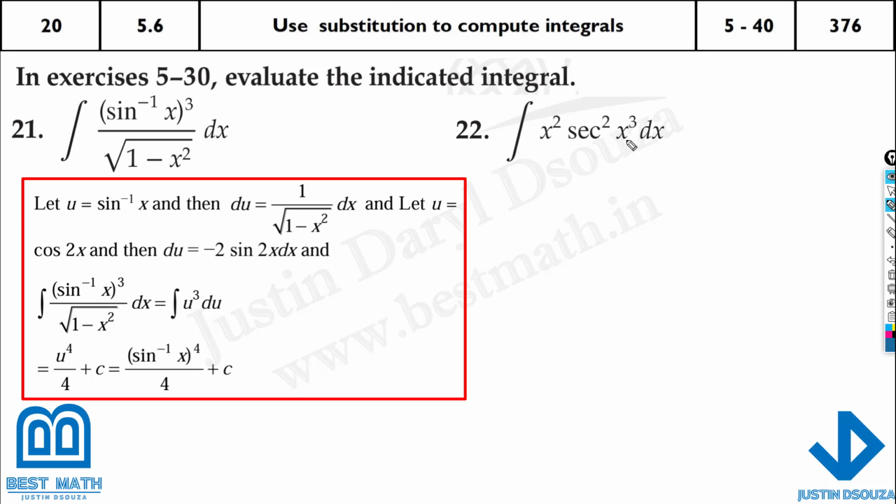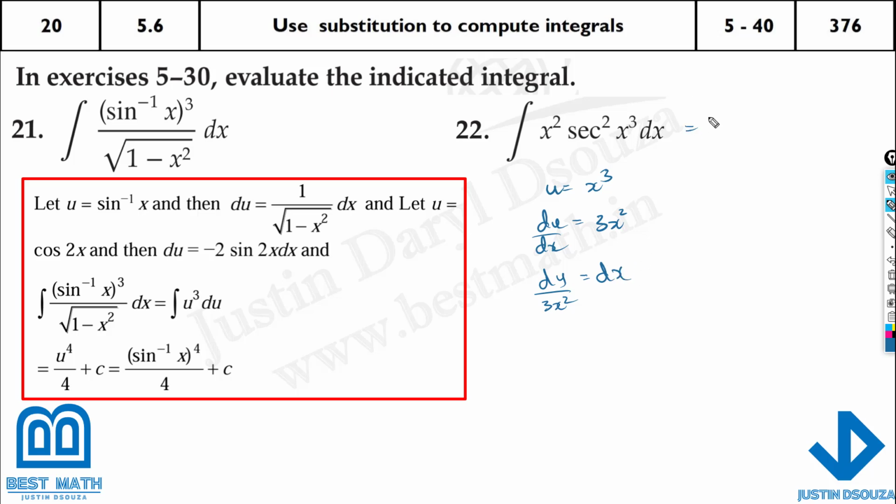It is tan x. So what I'm going to do is u is equal to x cubed. du by dx is equal to 3x squared. And now here it will be du by 3x squared, that is equal to dx.